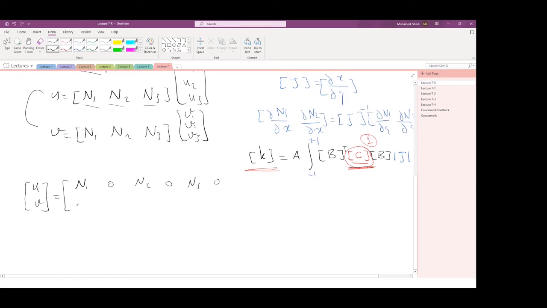And then on the second row, I have 0, N1, 0, N2, and 0, N3. This is multiplied by a vector. This is U1, V1, U2, V2, and U3, V3.